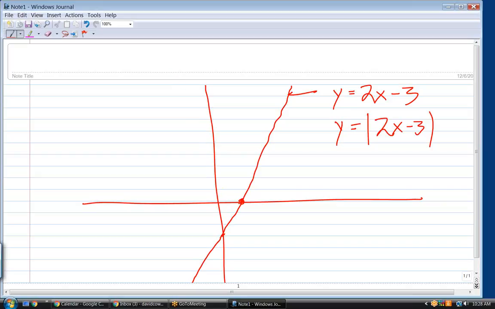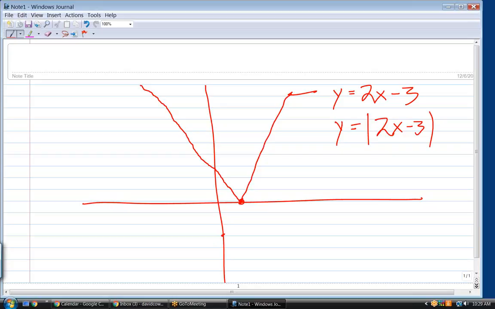So I have to take this line and reflect it over the x-axis so that it looks something like this. Now it has a slope of -2. So you reflect it with the opposite slope. Exactly. And I erase this bottom part. But let's say it was y equals the absolute value of 2x, and then -3.